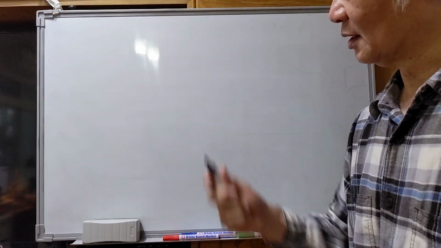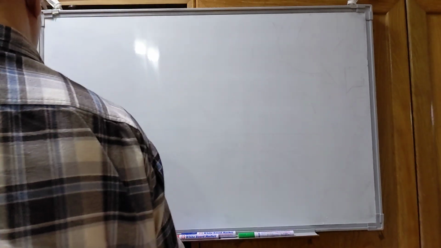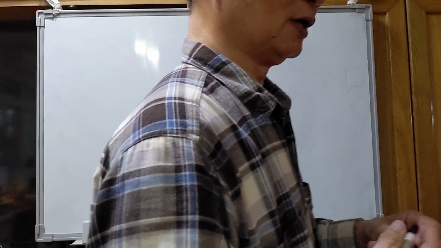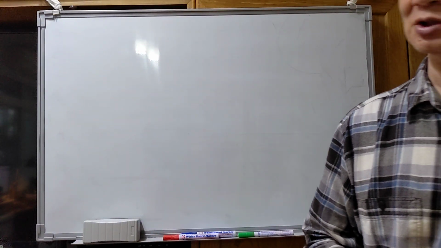Okay, so we can use the bisection method to solve the roots of the characteristic equations.